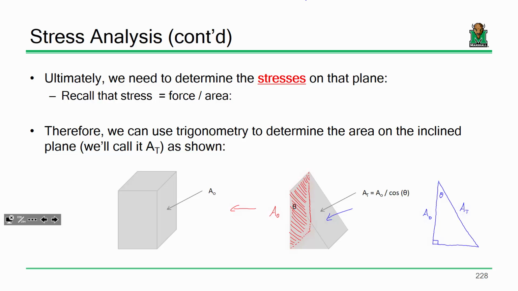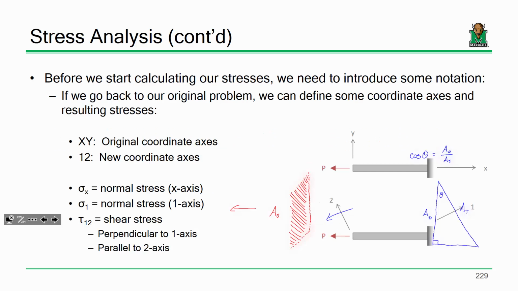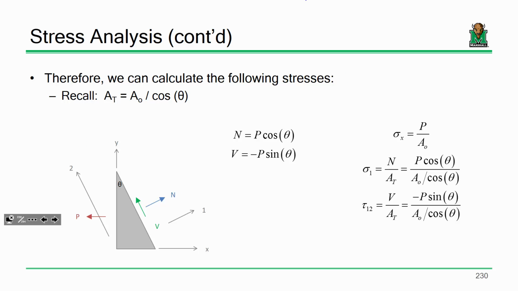Now I propose that SOHCAHTOA, right, cosine of that angle is adjacent over hypotenuse. So if I'm solving for A T, just flip, multiply that over and divide. Is that okay? These are good questions, so I want to make sure everybody's following along with this. Everybody good? Okay. All right. So everybody okay with this?